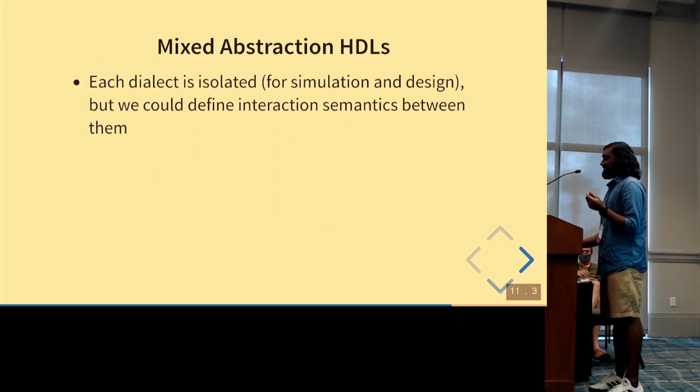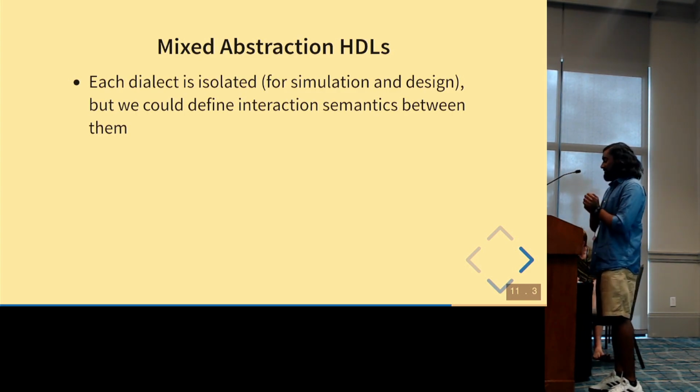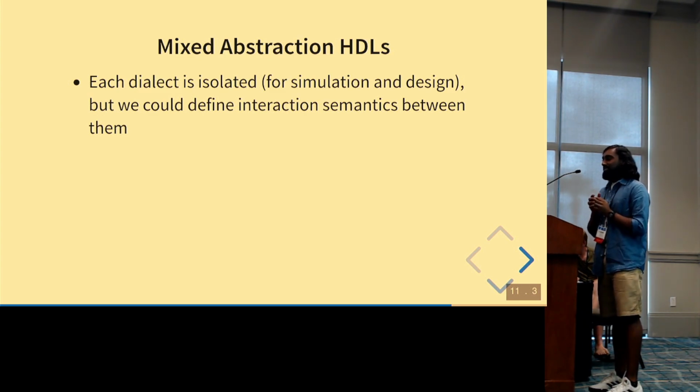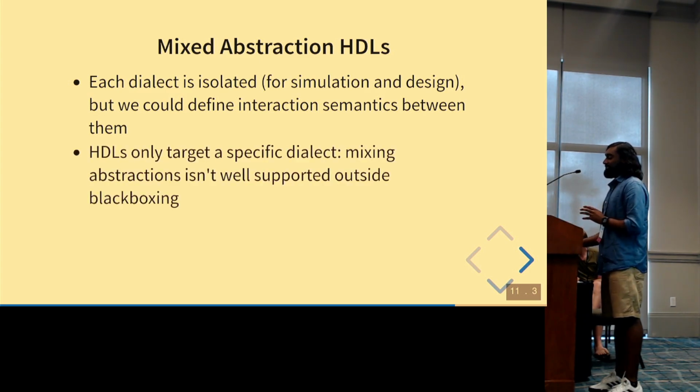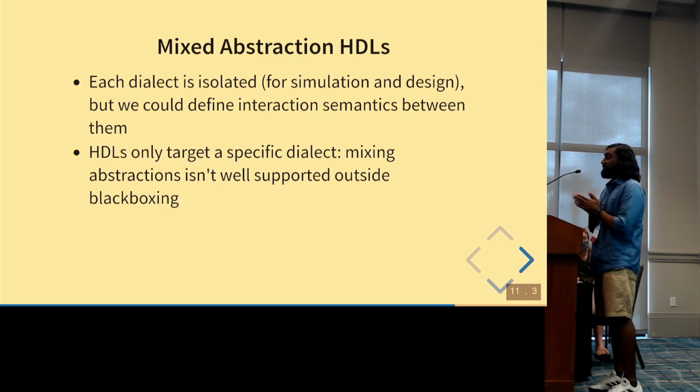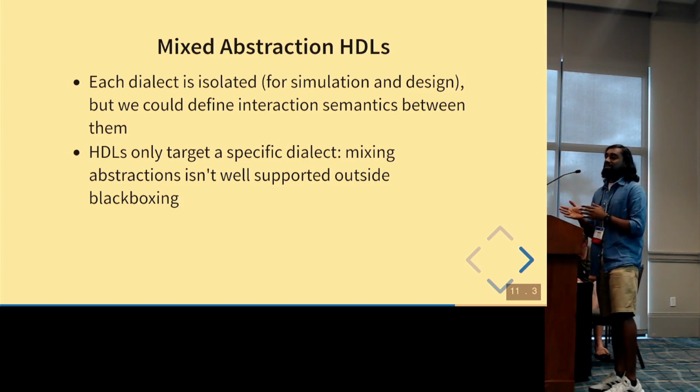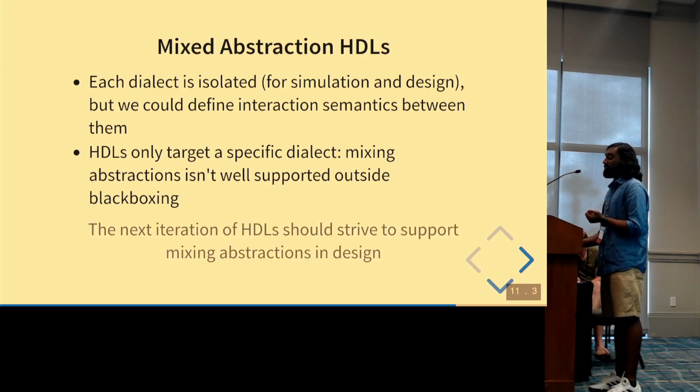So I propose that we look into how we can design these mixed abstraction HDLs. The current situation is that each of these dialects is isolated for both simulation and design, but it's possible for us to define some interaction semantics between them. Also, HDLs only target some specific dialects right now, so trying to mix abstractions isn't really well supported outside of just a black boxing approach.